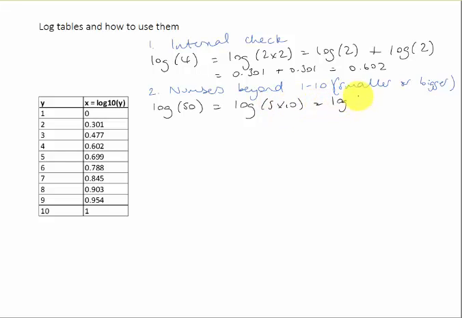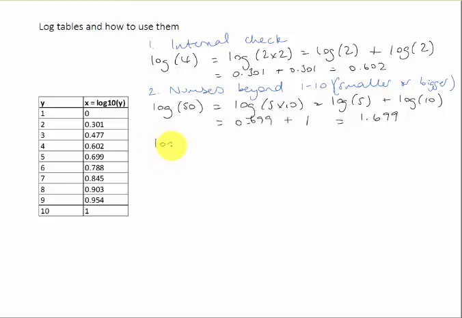So that's the log of 5 plus the log of 10. Log of 5 is 0.699 plus log of 10, which is 1. So that's 1.699.